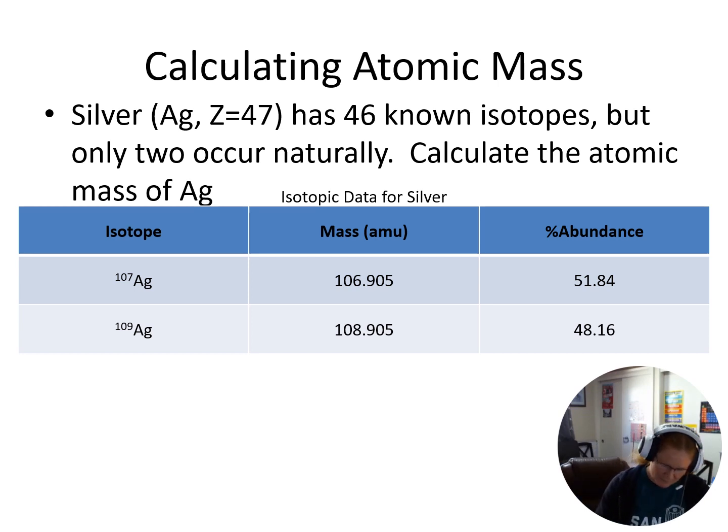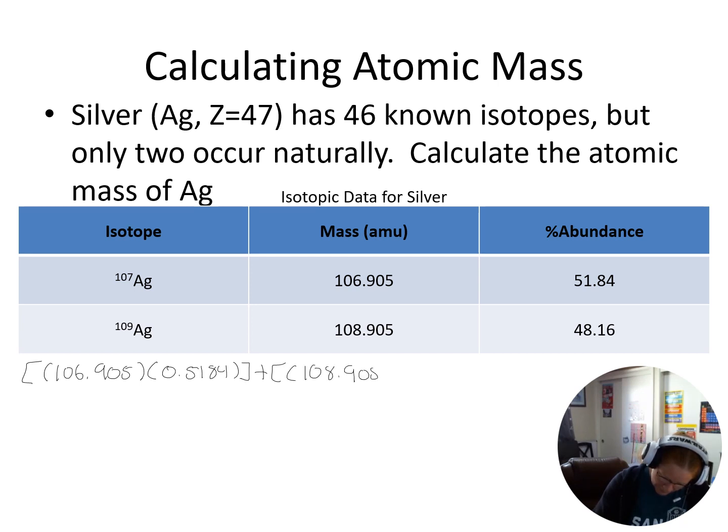So let's see. 0.5184, and then I get my 108.905, and 0.4816, comes out to 107.868, which rounds to 107.9.